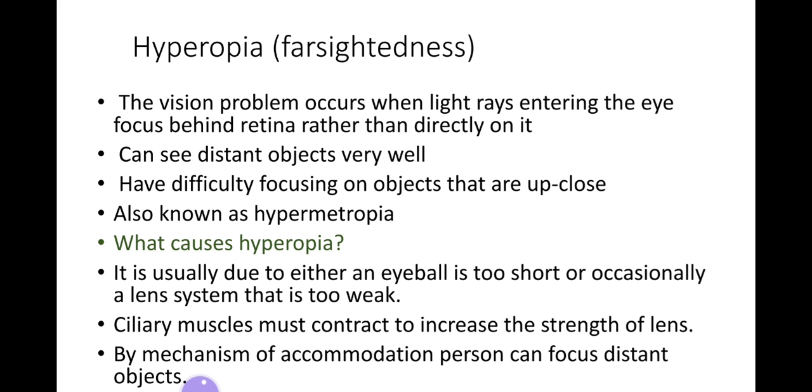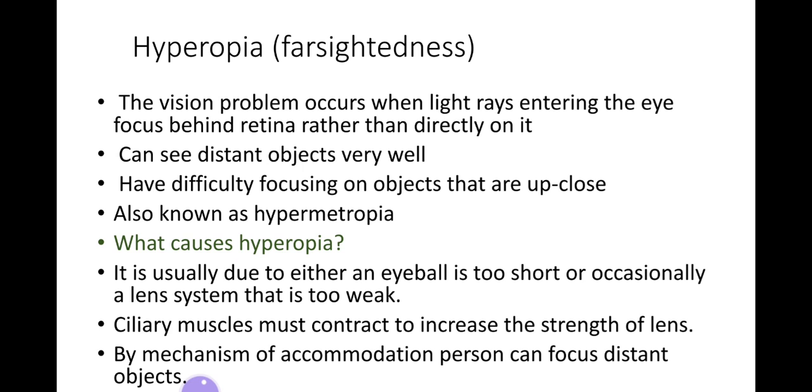Next, hyperopia, that is also known as farsightedness. What is the problem in farsightedness? Light rays entering the eye focus behind the retina rather than directly on it. This patient can see distant objects very well, but has difficulty focusing on objects that are up close.